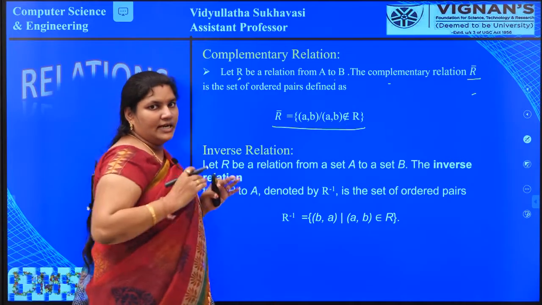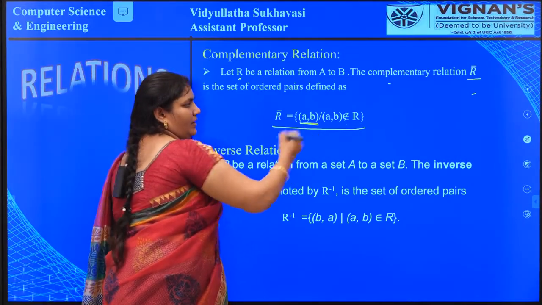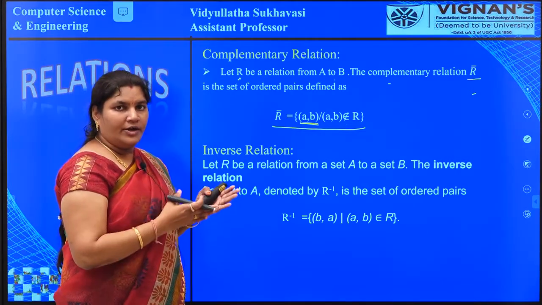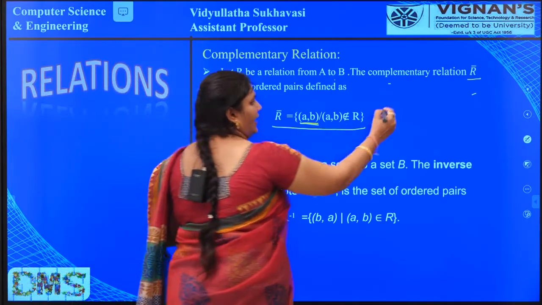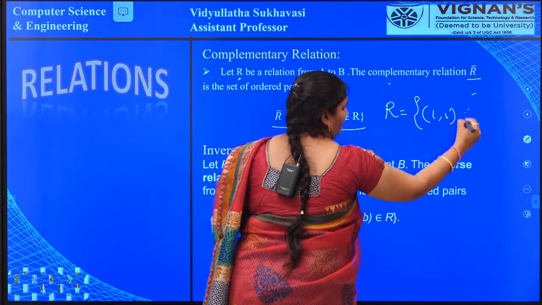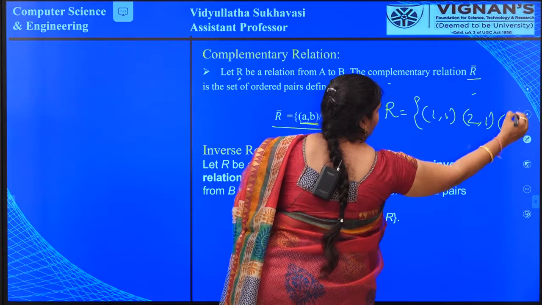If in the relation R we have an ordered pair like A comma B, then how are we going to represent the complement relation? Suppose we have R equal to 1 comma 1, 2 comma 1, 3 comma 1.